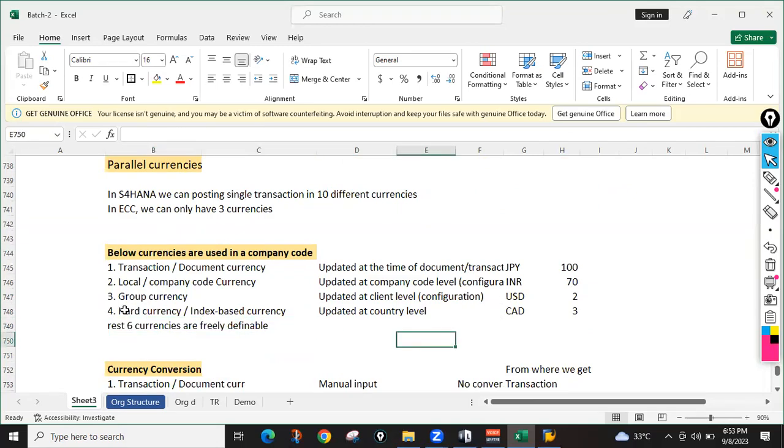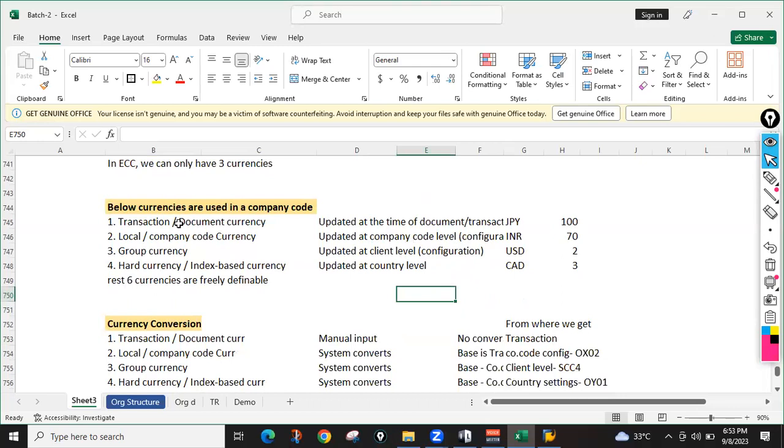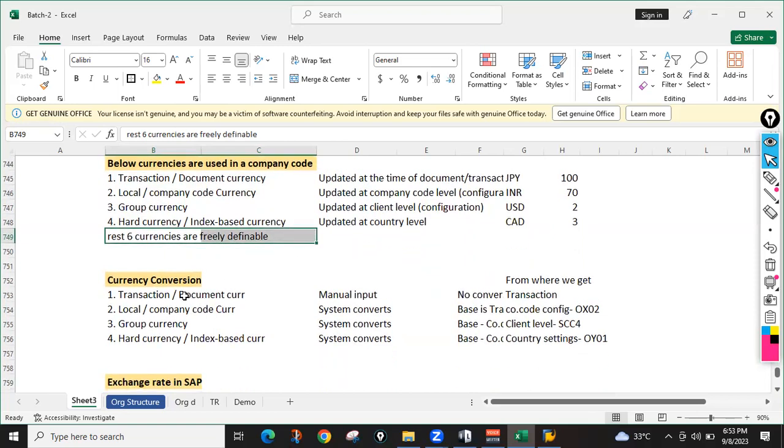We then learned how the conversion happens. For the document currency, no conversion is required, but for local currency, group currency and hard currency, conversion is required. Even for the freely definable currencies, we need to do the conversion settings. This is part of the ledger configuration settings we will do.